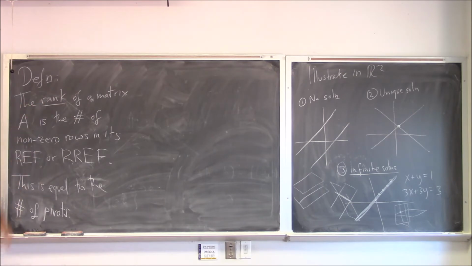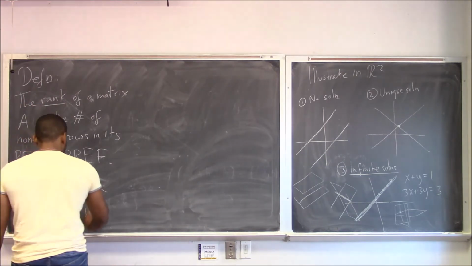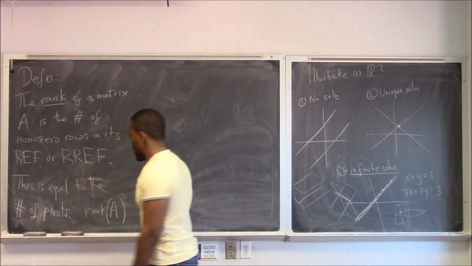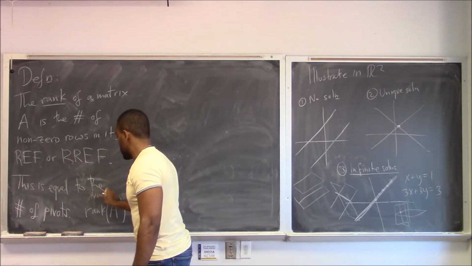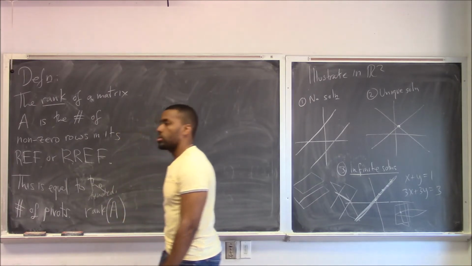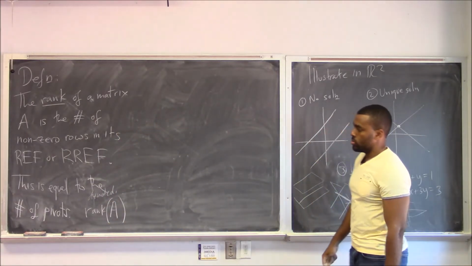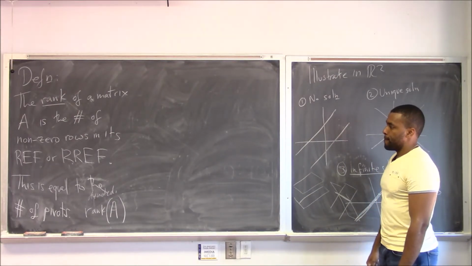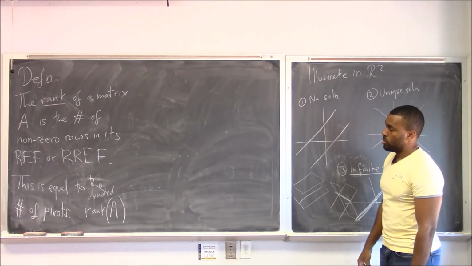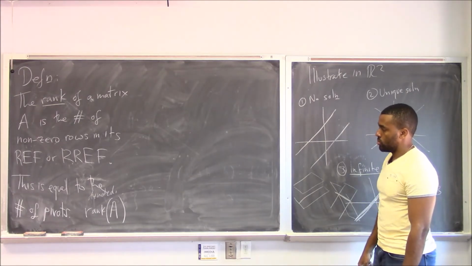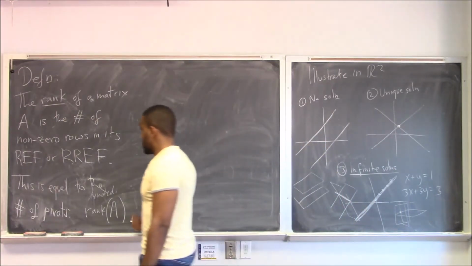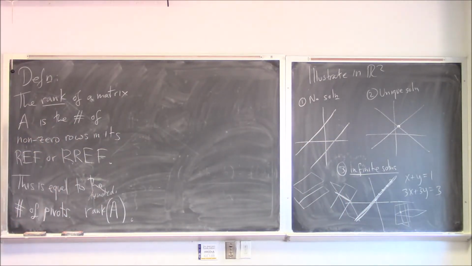So this is just a term we might use. We might also use the notation rank A, that's the notation, denoted. That's just more like a word. It just allows you to talk about things.